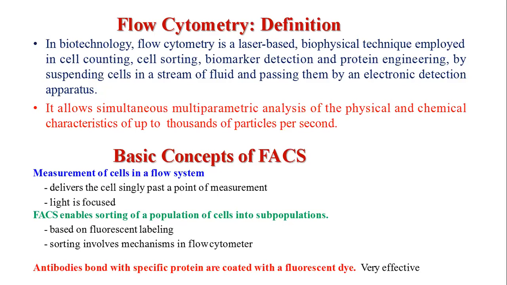Because the antibodies are very specific, they will bind with the specific type of cells, and then if we illuminate the fluorescent dye or the fluorophore that is tagged with the antibody, it will illuminate and we can get the data. That is why this process is very effective.